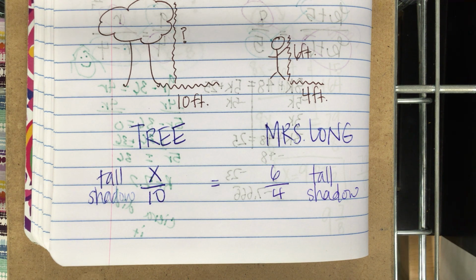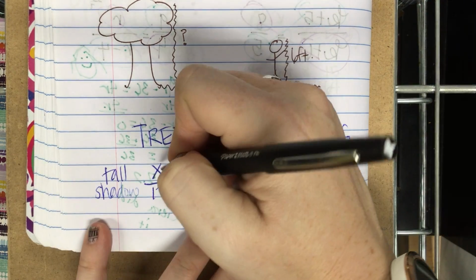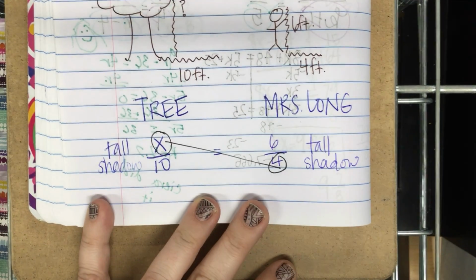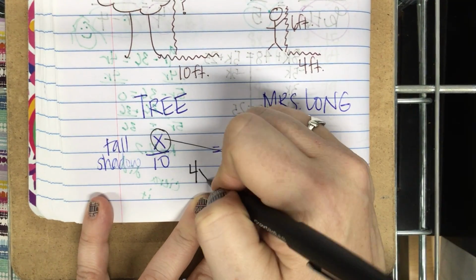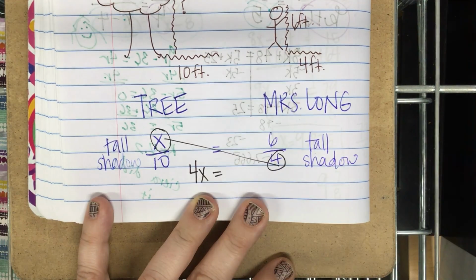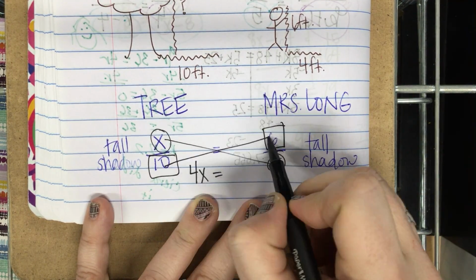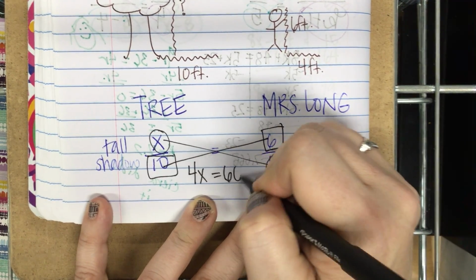So to do this, we cross multiply. X times 4 is 4x equals 10 times 6, which is 60.